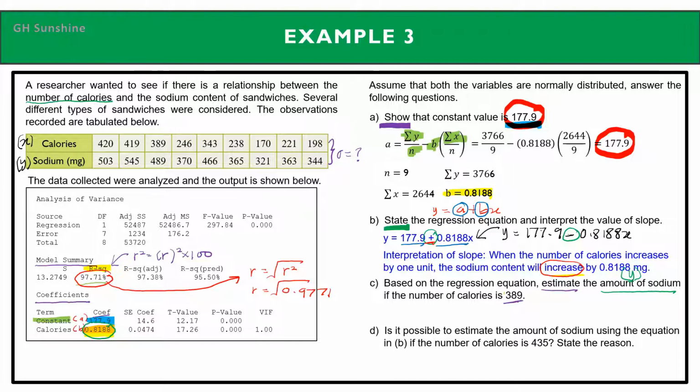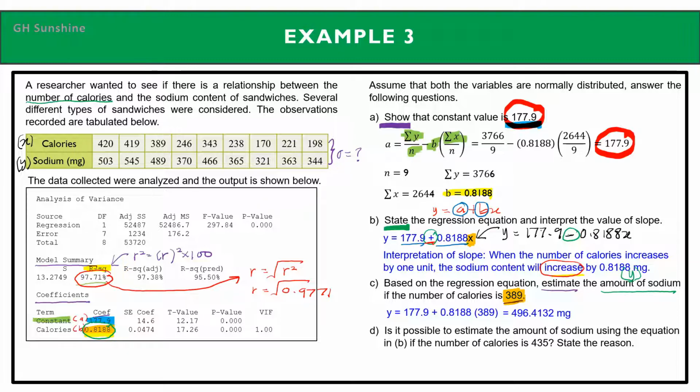Substitute x equal to 389 here. Like that. Therefore, the estimated value equal to 496.4132 milligram. Estimate, predict, forecast of y.